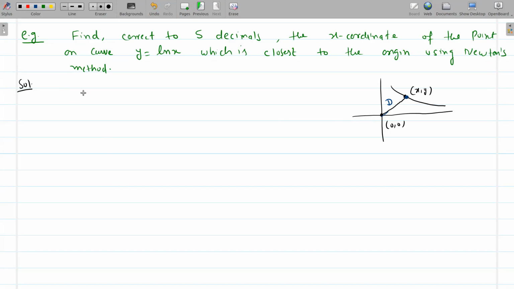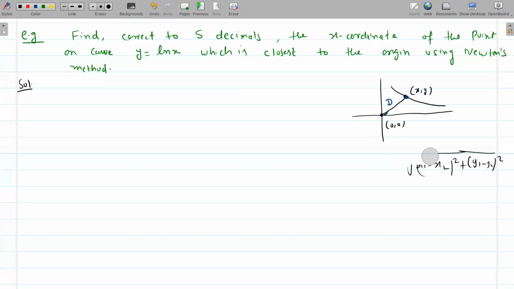So for this we take any point on the curve and then we will find distance, and you know the distance formula. क्या होता है formula? x1 minus x2 square plus y1 minus y2 square and then square root. So if you have point x1 y1 and x2 y2, then this is the distance formula.